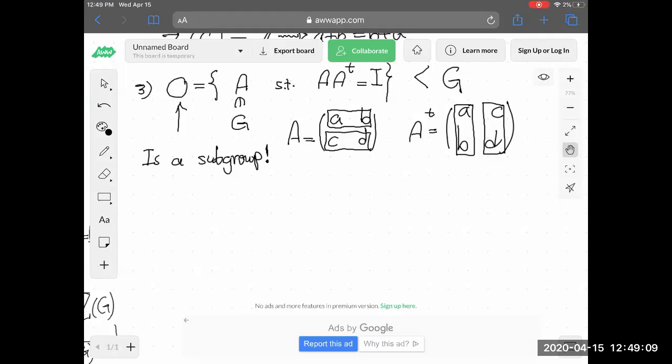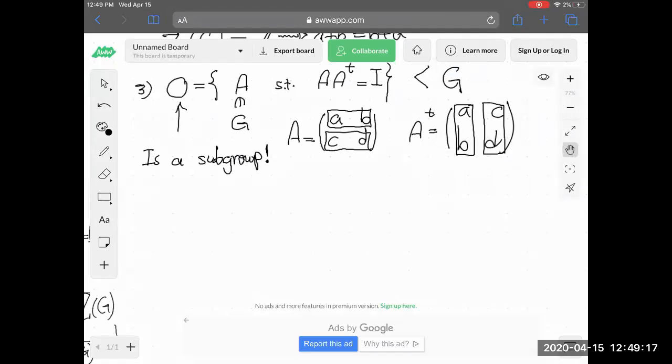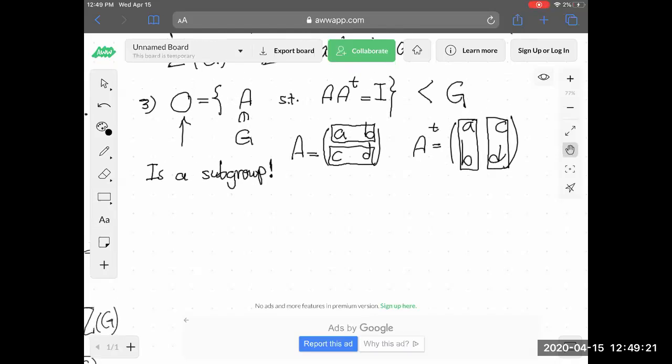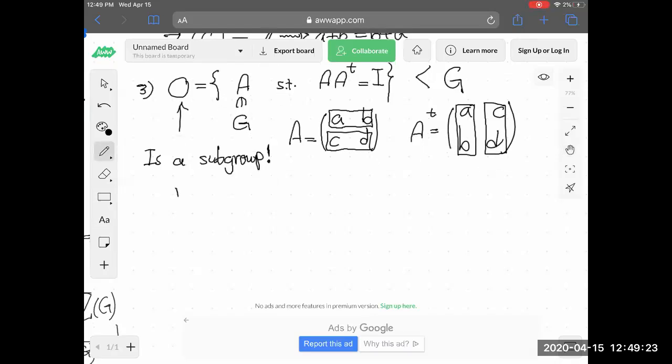Okay, how should we prove something is a subgroup of something else? In general, what is the method of proving O is a subgroup of G?